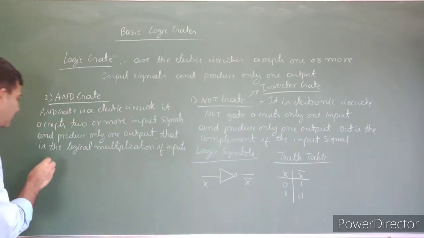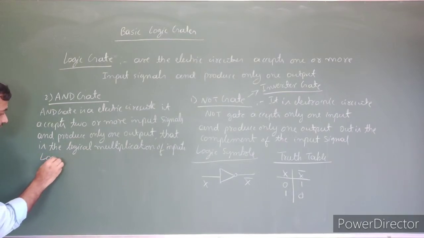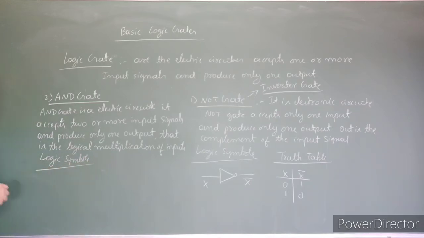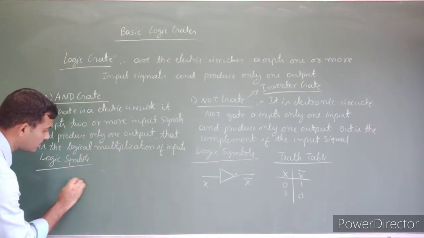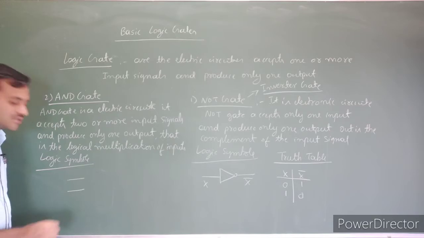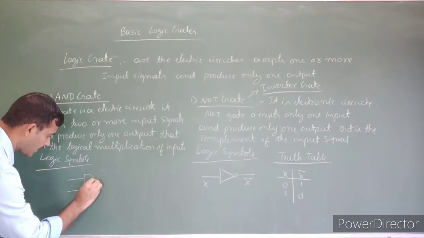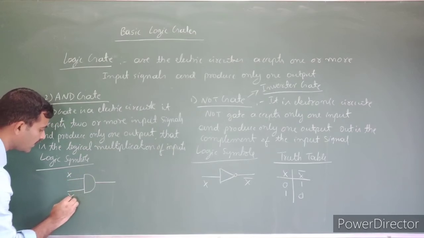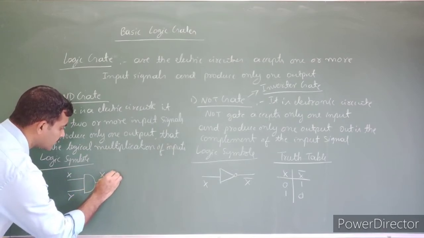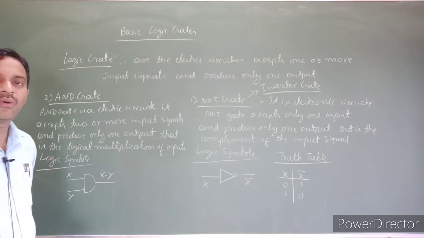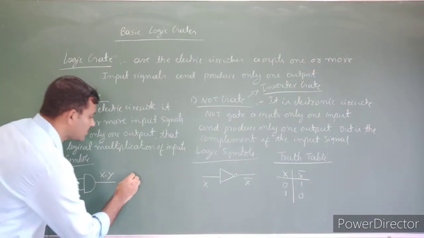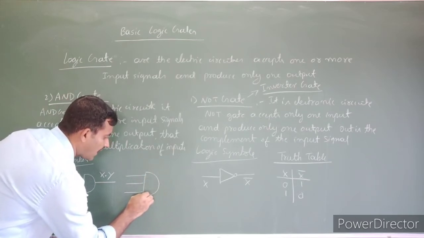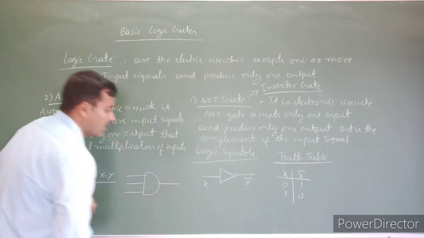See the logic symbol. If it is two inputs, then it produces only one output. If the inputs are X, Y, the output is X into Y. If there are three input lines, then the AND gate produces only one output.